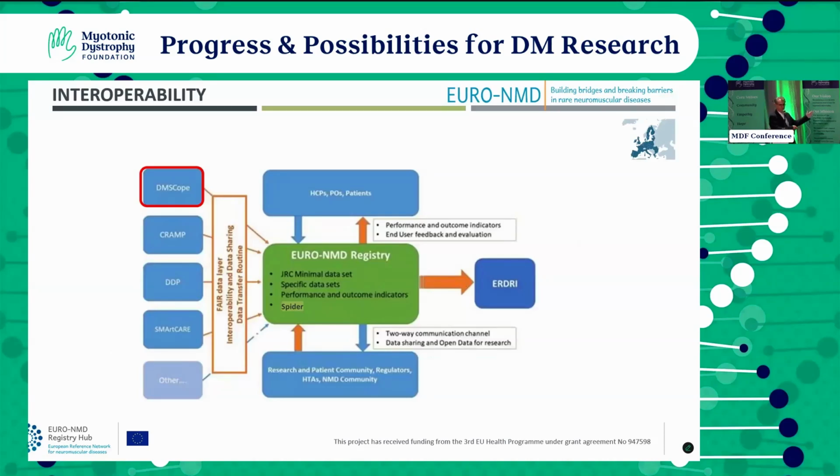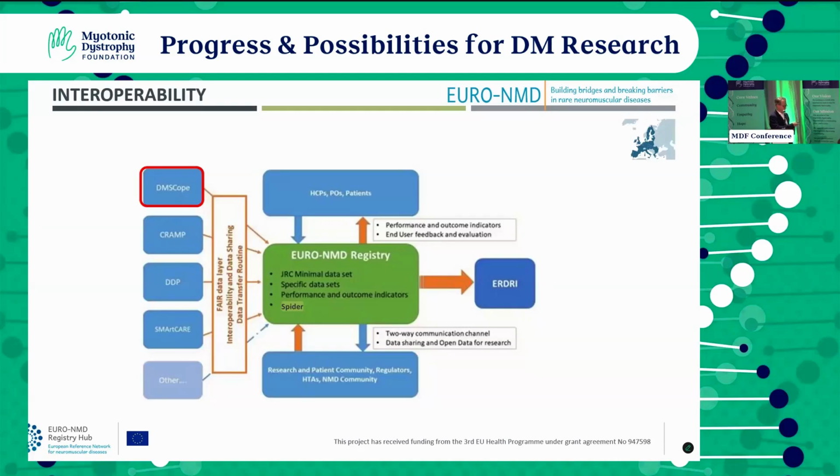For all neuromuscular diseases, the very rare, the ultra rare diseases that do not have a registry, clinicians can already put the data in the major registry. While we had some registries like the Duchenne data platform, SMA with SmartCat, DM with DM Scope, we didn't want to recreate a new registry. So we created a hub where this can be interoperable and interconnected, not to duplicate and not to redo the data entry.